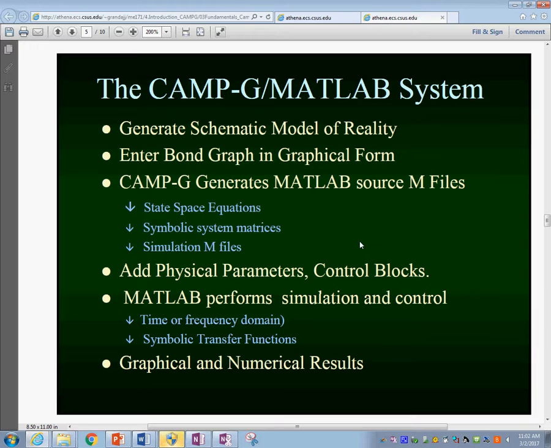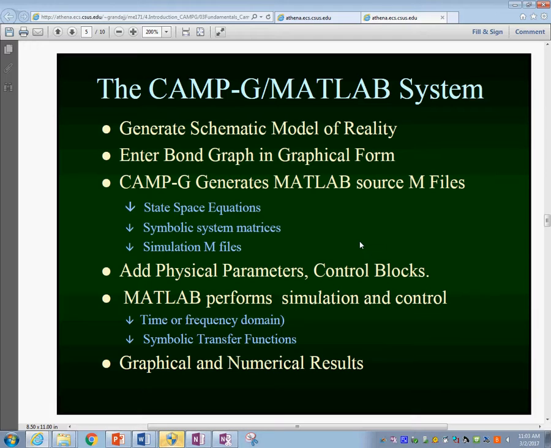Actually, it's more than that, but this is what we need at this time. It will automatically derive the state space equations. It will do the symbolic system matrices that those equations require, and will perform the simulation using these M files in MATLAB.